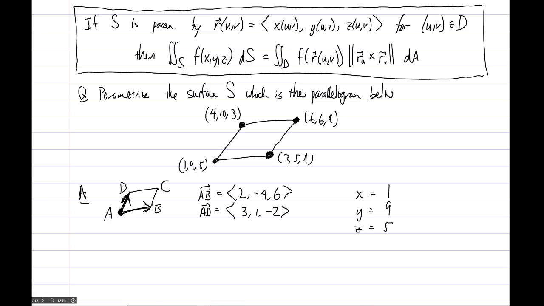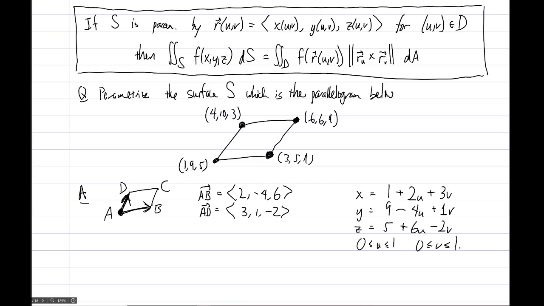We add on the components of the AB vector with a parameter u, so 2u, then for the y formula minus 4u, and for the z formula plus 6u, and then take the components of the other vector and tack this on with a parameter v, so 3v, plus 1v, minus 2v, and we'll have u going from 0 to 1 and v going from 0 to 1. Okay, so this is an answer that works.